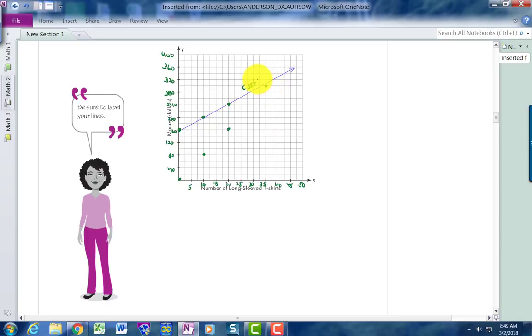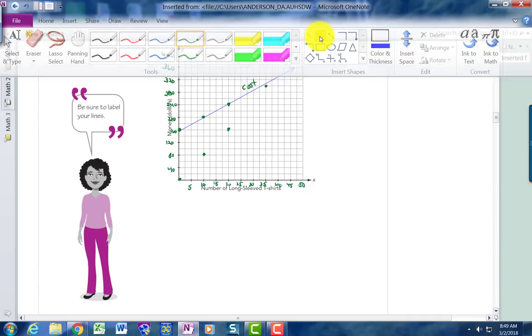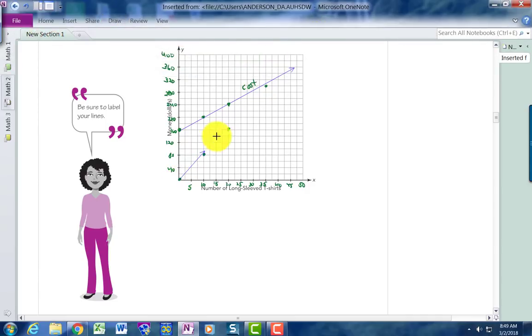Yeah, that's probably better right there. Okay, so now I'm going to go ahead and put a line through those. I'm trying to get this right.